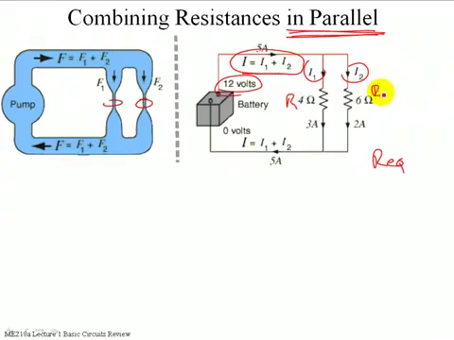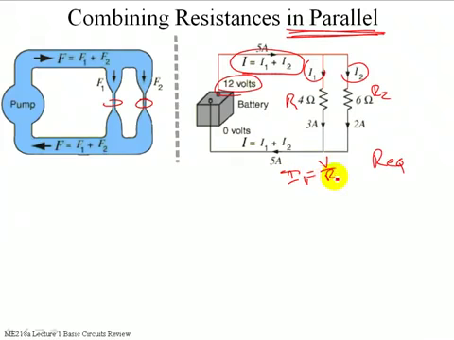So let's call this one R1 and this one R2. So we've got I1 R1 equals V, and I2 R2 equals V. Okay, we can do it that way.